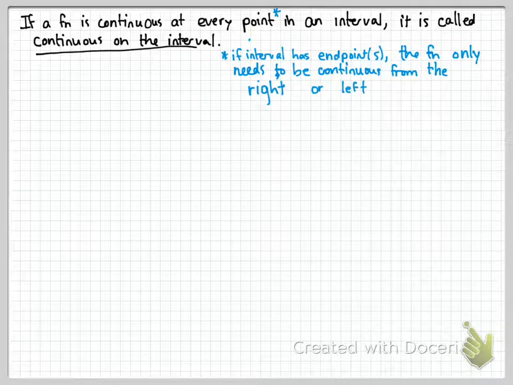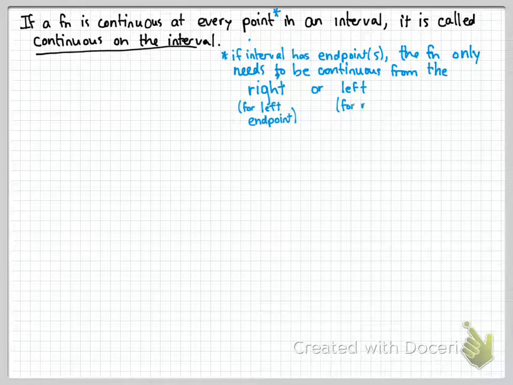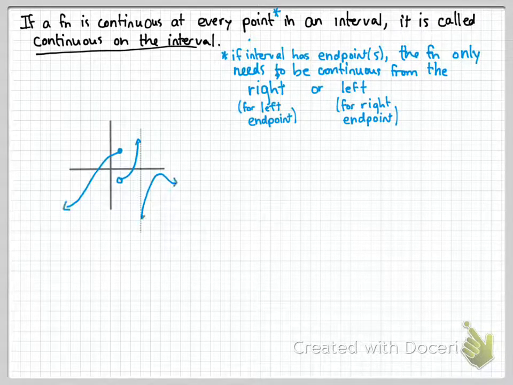It only needs to be continuous from the right or from the left, depending on whether the endpoint is a left endpoint or a right endpoint. Okay, so continuous on an interval means everywhere inside the interval you're completely continuous, and if you've got a left endpoint you have to be continuous from the right, and if you've got a right endpoint you have to be continuous from the left. So here's a weird function.